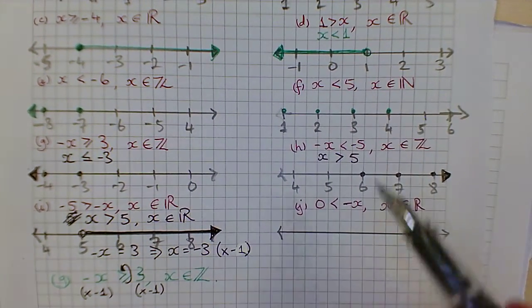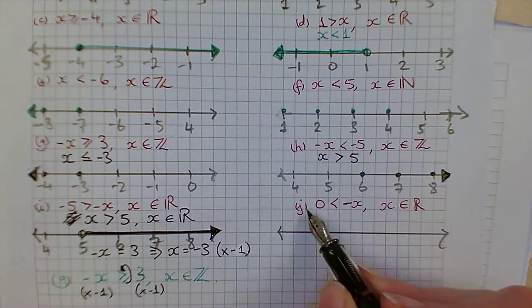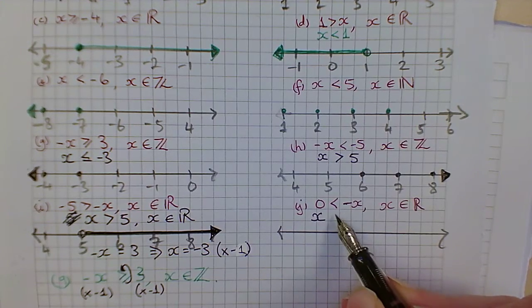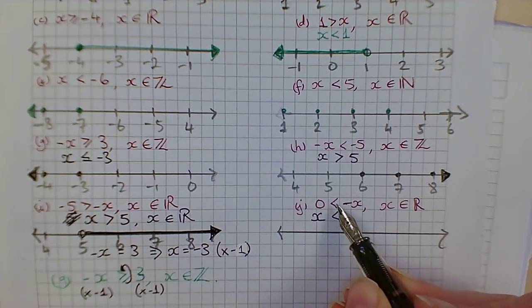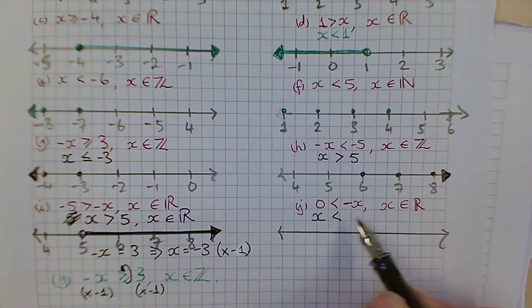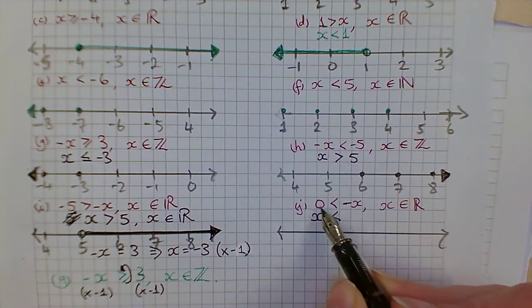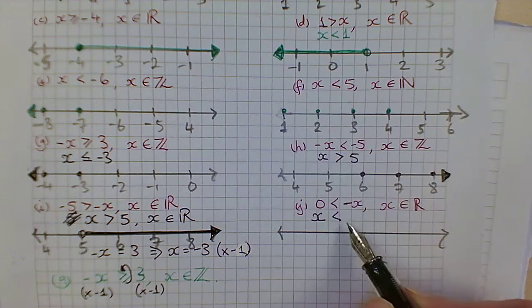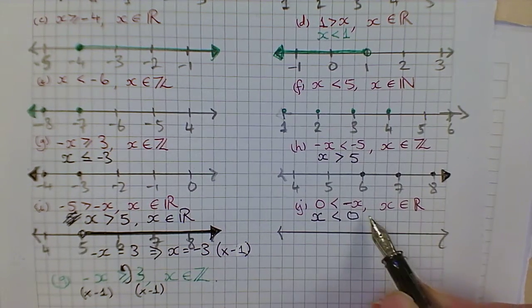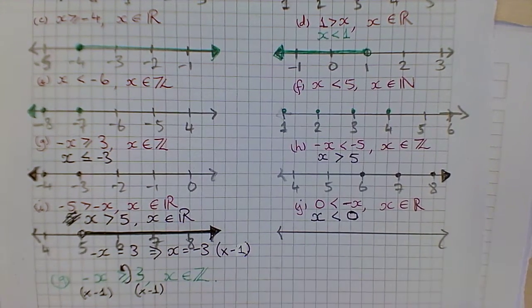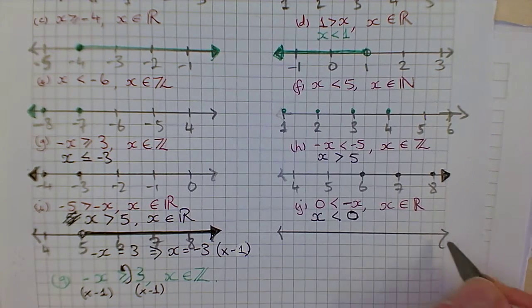Right, final one here. Again, my x is on the wrong side, so bring it over here. It becomes positive. Leave my inequality alone because I didn't change signs, I just changed sides. And can I bring 0 to the other side? I can. And 0 doesn't have a sign, so it doesn't change. So x less than 0 and x a real number.